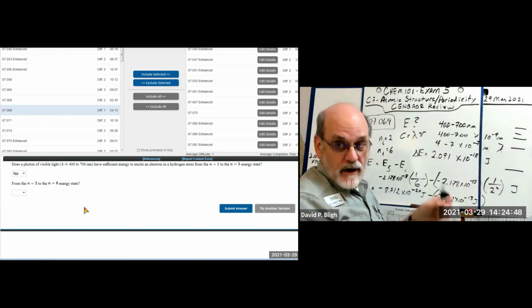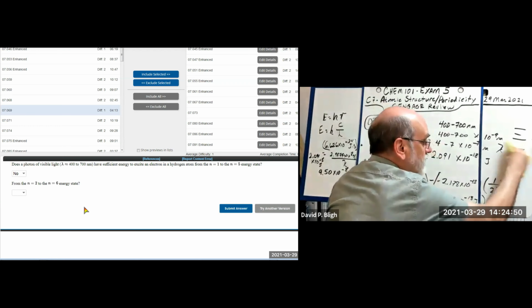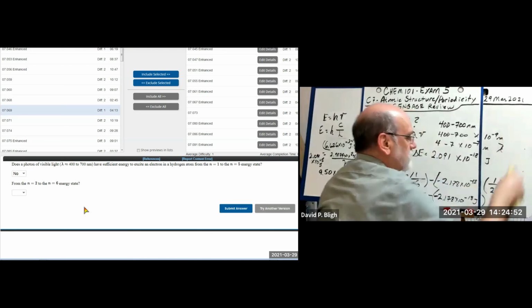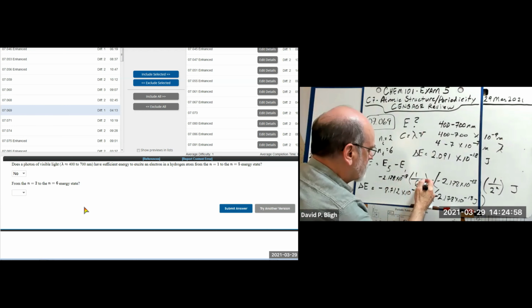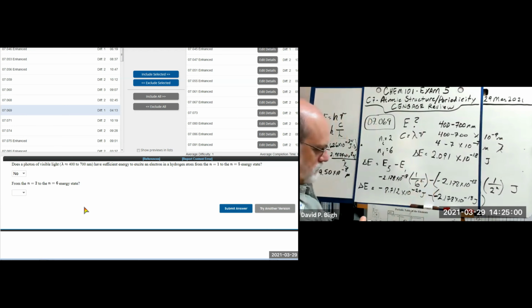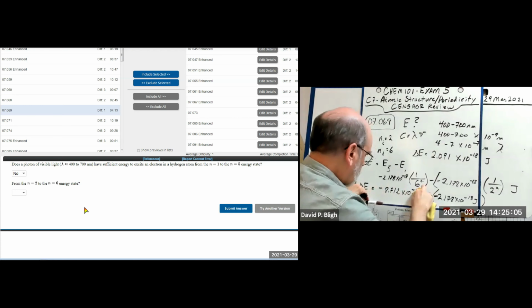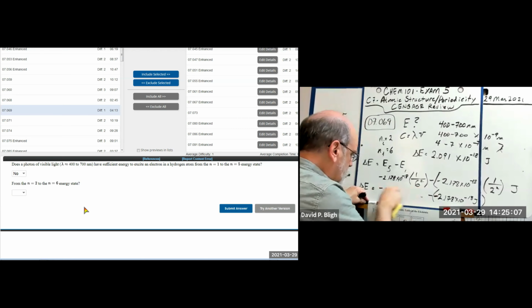So the second one could possibly have enough energy. So let's do this calculation and see. This is 6 squared. Okay. So let's make room here.